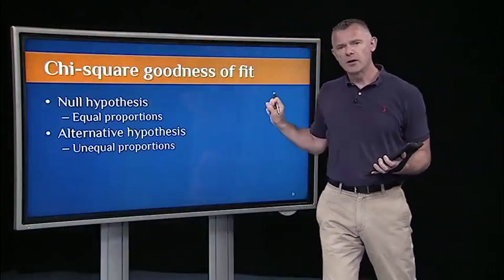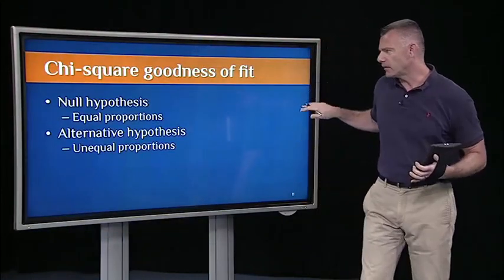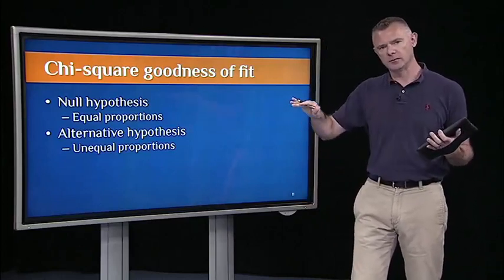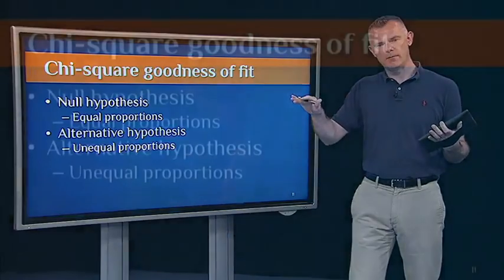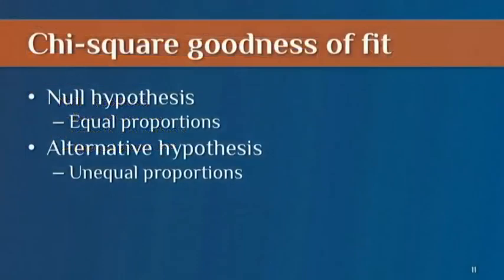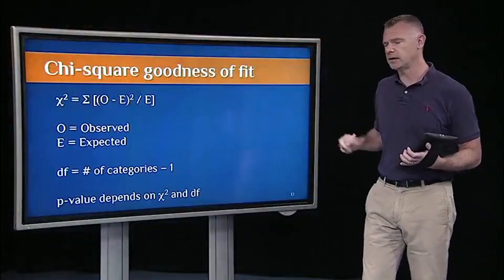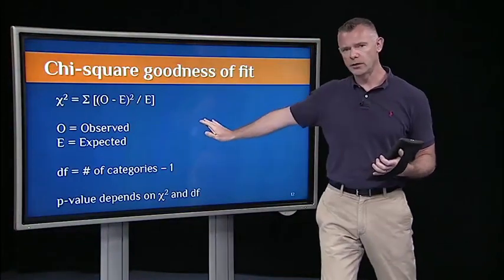If we're doing a chi-square goodness of fit statistic, the null hypothesis assumes that there are equal proportions across those categories. So there's no effect, and we can't detect a difference between the candidates. The alternative hypothesis is that we'll get unequal proportions. This is the formula for the chi-square statistic for goodness of fit.